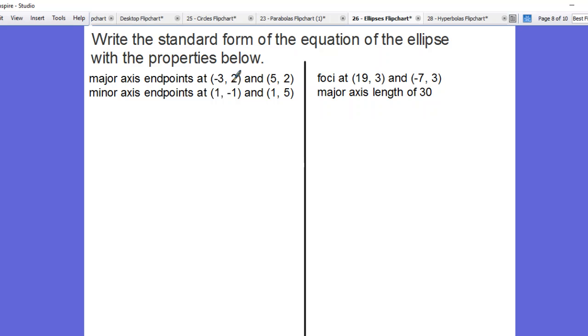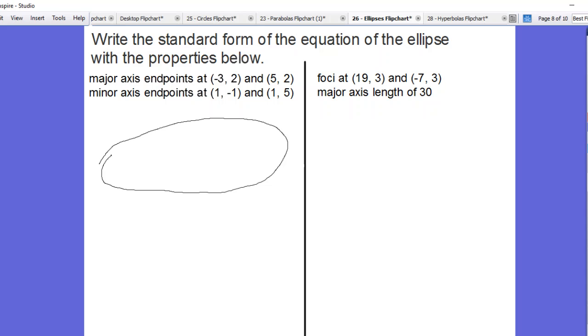Does the x coordinate change and the y coordinate stay the same, or does the y coordinate change and the x coordinate stay the same? Oh, the x coordinate changes. So if we draw our ellipse, because the x coordinate changes, we know this is a horizontal ellipse.